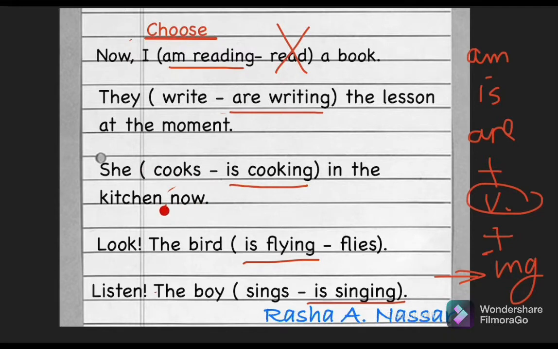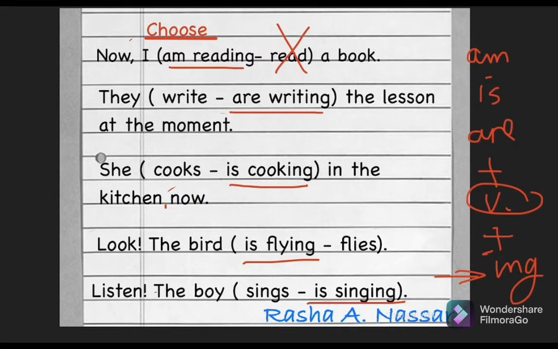So when I'm talking about something which is happening now, I will use is plus verb plus ing. So "she is cooking" is the right answer. I cannot say "she cooks." No, she is cooking in the kitchen now.